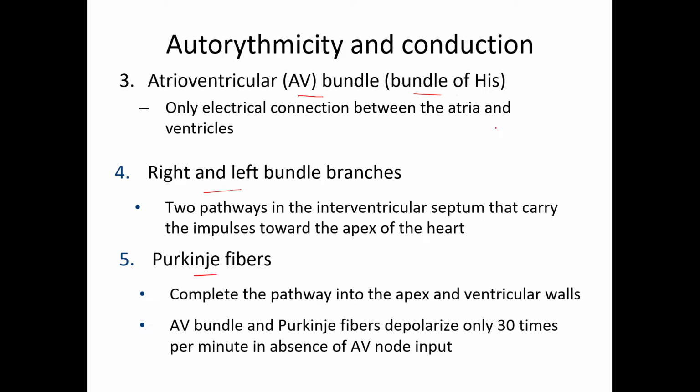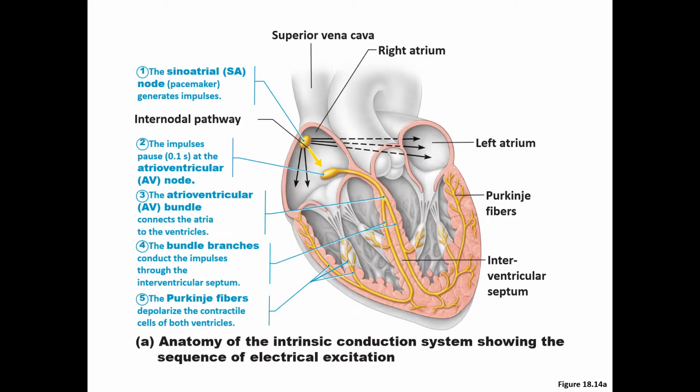Now, if you see here, this is the conductive system of the heart. So this is the SA node located in the upper part of the right atrium. So this chamber, you know that this is the right atrium here. So both SA node and AV node are located inside the right atrium, but SA node is in the upper part of the right atrium, where the superior vena cava enters into the heart.